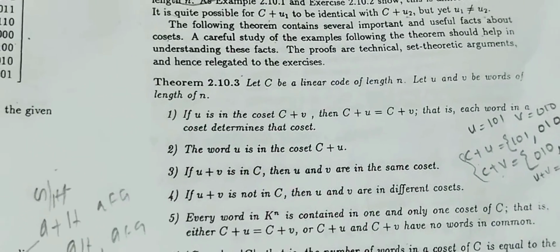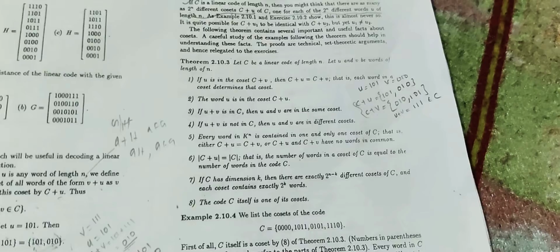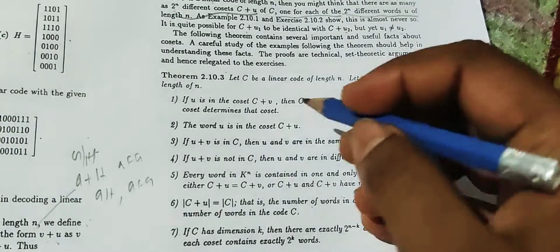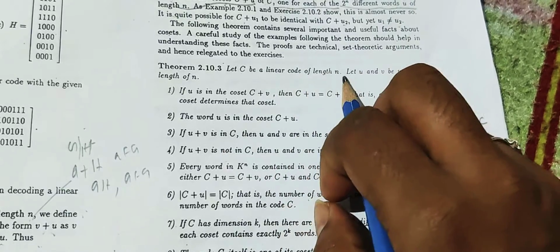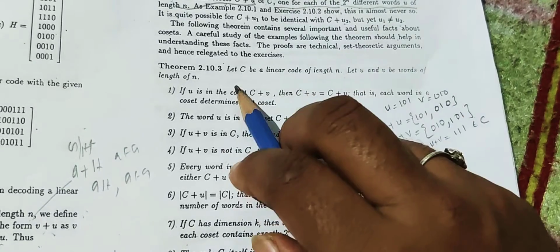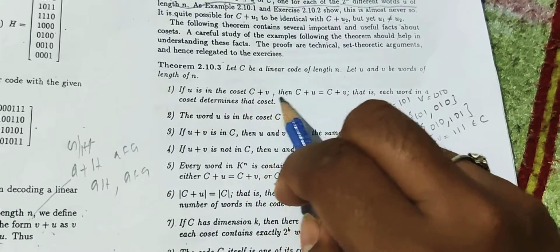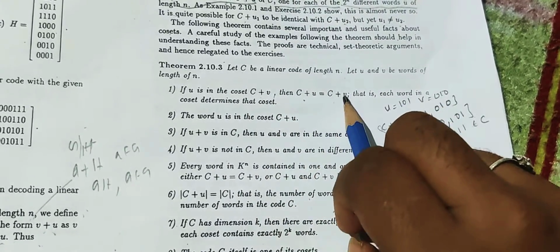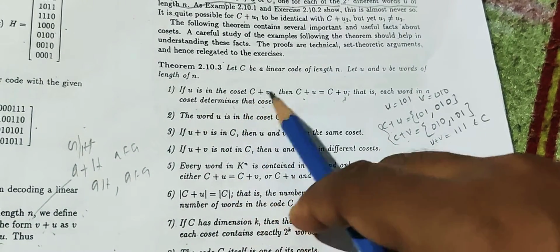2.10.3 is a theorem. We have 8 cases. The first one: C is a linear code of length n and U and V are words of length n. If U is in the coset C plus V, then C plus U is equal to C plus V. That is, each word in a coset determines that coset.